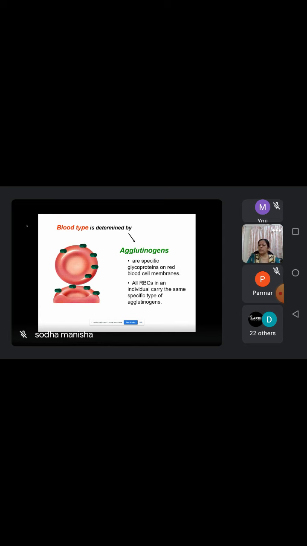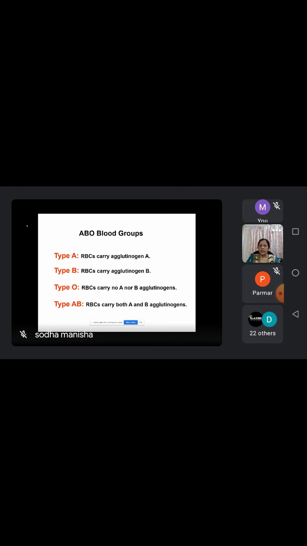Okay. All the RBCs in an individual carry the same specific type of agglutinogen. So depending on the type of agglutinogen present on the red blood cell membrane, there are 4 different blood groups: A, B, O, and AB.